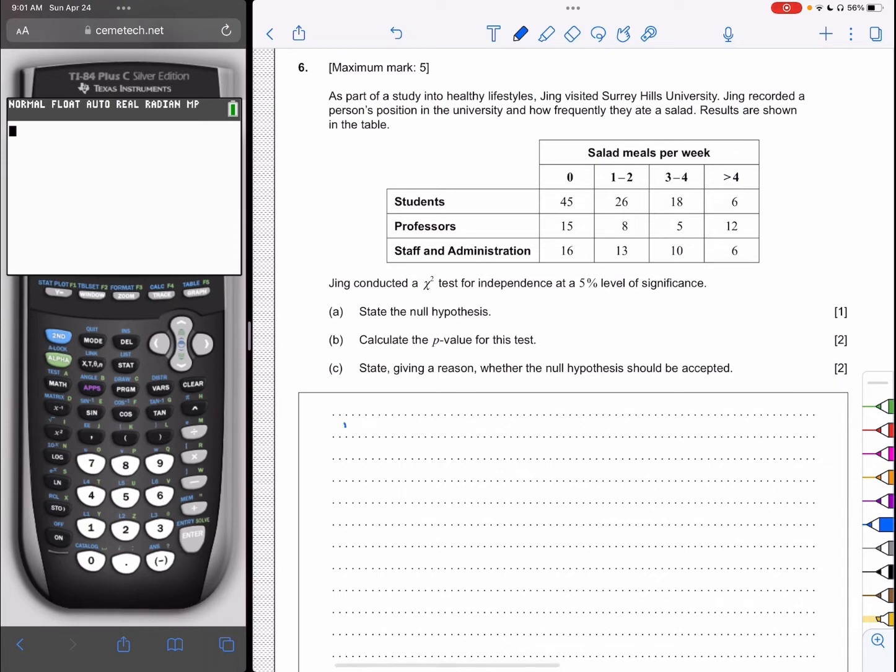So for part A, you could say that the number of salads per week is independent of a person's position at the university.